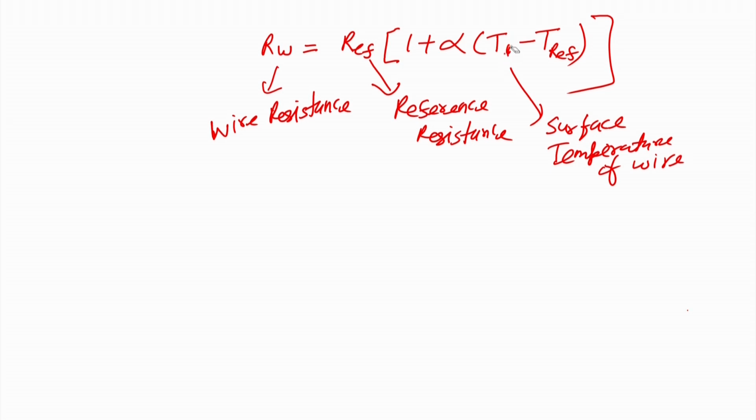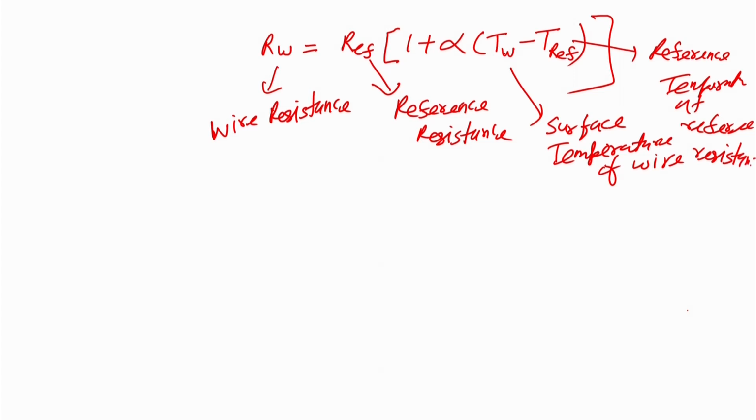Let us not simplify this equation. So, we can say TW, and T reference is the reference temperature, the temperature at reference resistance. Okay. So, that is the way we know how the RW is changing.